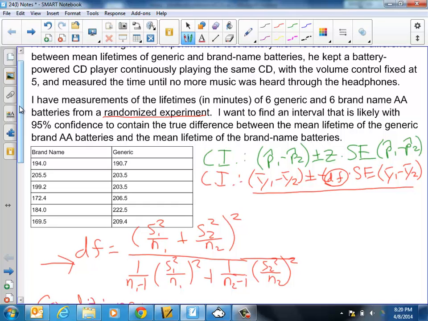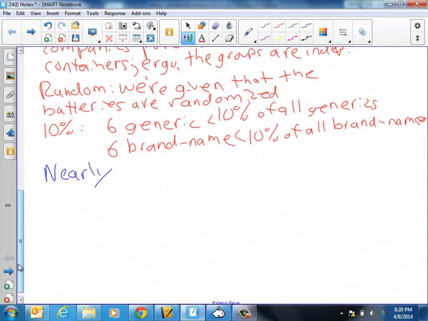So as long as you can build a histogram, with these 6 sample data for generic and brand name, that is unimodal and symmetric, use it. Even if the first histogram you build doesn't happen to be those two things, try again, see if you can force it to be those two things, and then the nearly normal condition will still be met. So, nearly normal condition, we're knocking out.